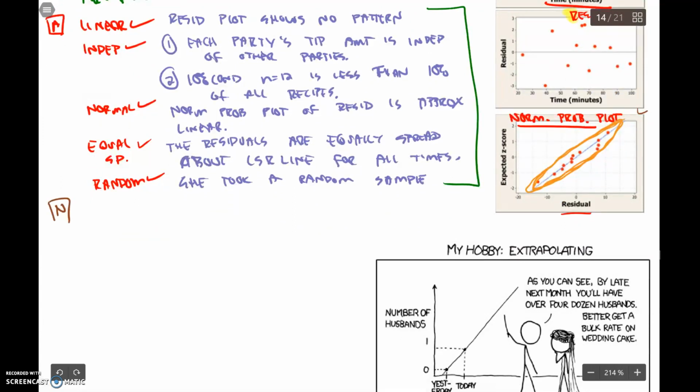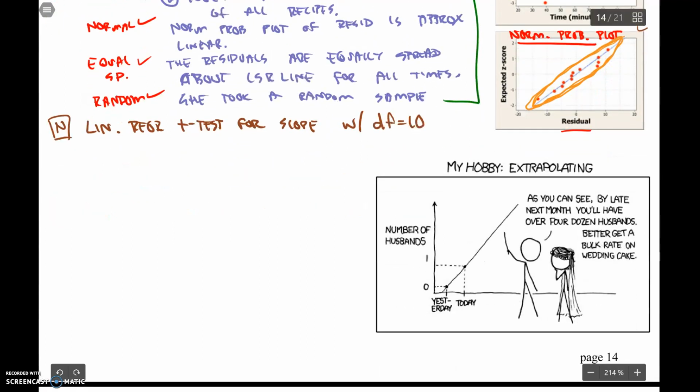Mechanics: name the test. Linear regression t-test for beta, or for slope, with degrees of freedom equal to 10, 12 minus 2. Test statistic, obtain a p-value.